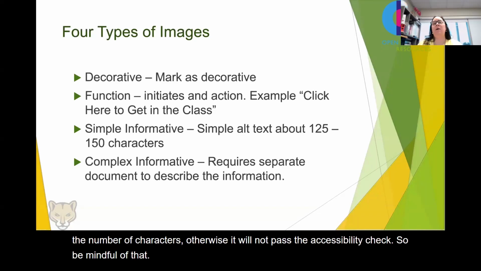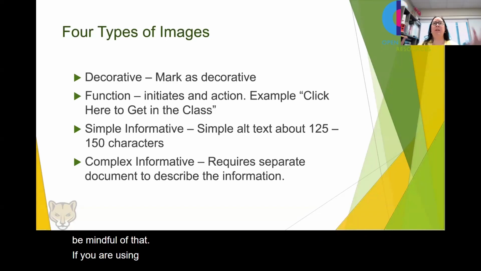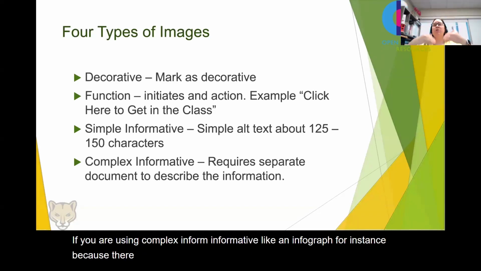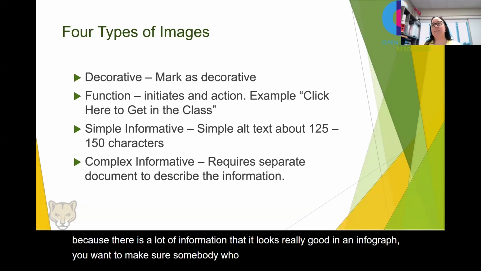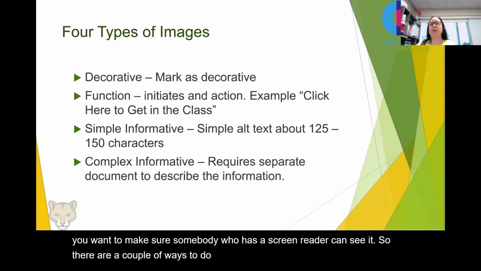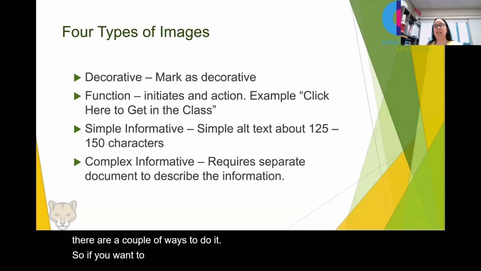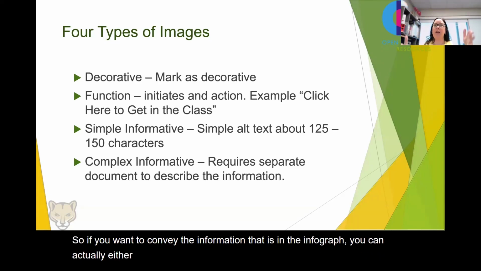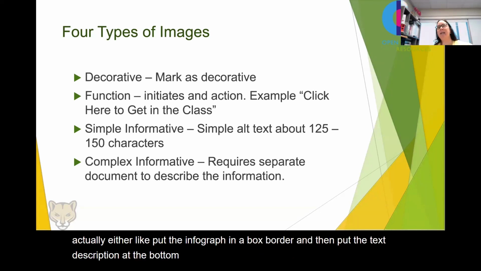If you are using complex informative, like an infographic, for instance, because there is a lot of information that looks really good in an infographic, you want to make sure somebody who has a screen reader can see it. So there are a couple of ways to do it. If you want to convey the information that is in the infographic, you can put the infographic in a box border and then put the text description at the bottom so it's just tied there.